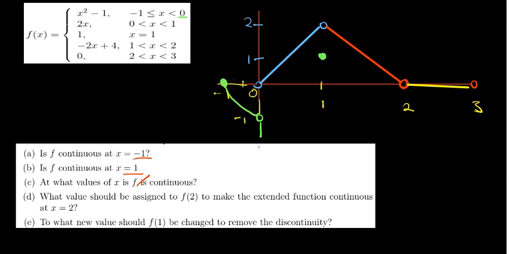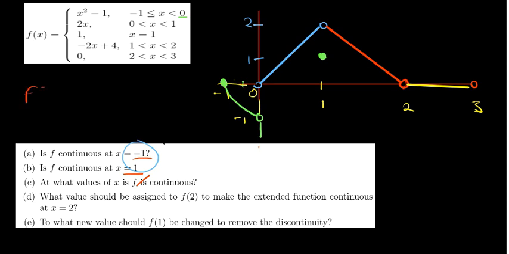So we can now try to answer bit by bit. So the first one says, is f continuous at negative 1? So what does it mean for a function to be continuous? Before I talk about the formal definitions under calculus, for a function to be continuous, it means the function exists at that point, and then the limit also exists.